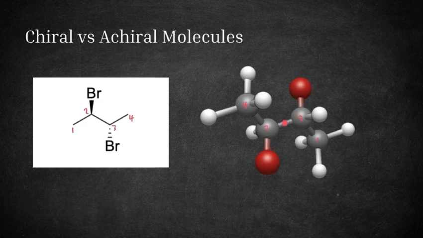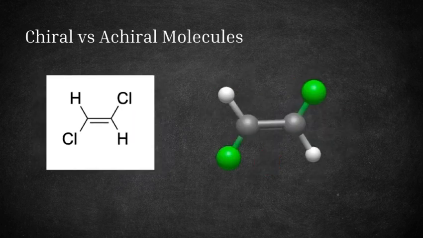This point of symmetry means that for every atom or group on one side, there is an equivalent atom or group directly across the center of inversion, making the molecule superimposable on its mirror image. Finally, trans-1,2-dichloroethylene is achiral due to the presence of a plane of symmetry and a center of inversion between carbons 1 and 2.